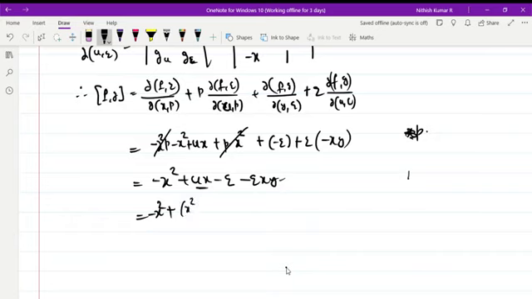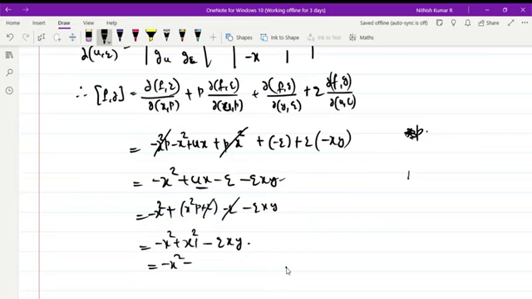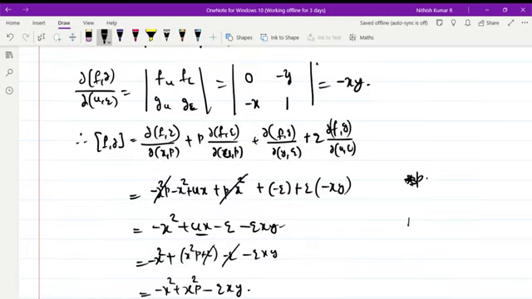Now the x square p and minus x square p cancel, so we have minus q square plus ux minus qxy.